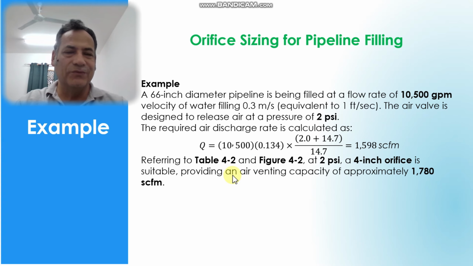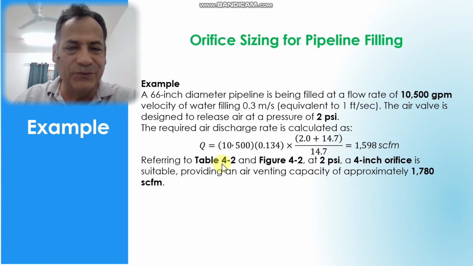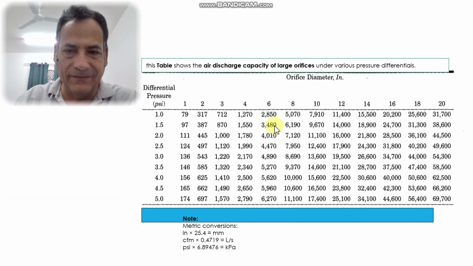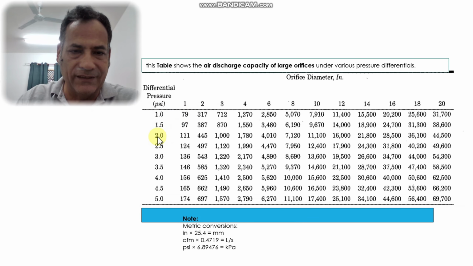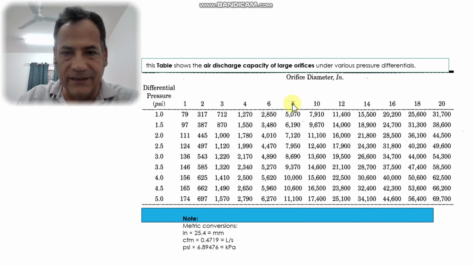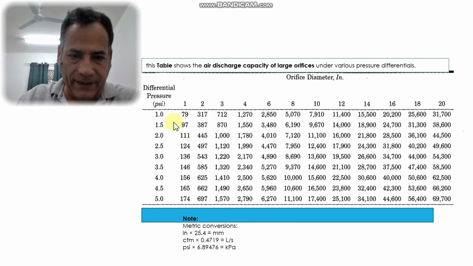Now we need to refer to this table. If you see, the pressure is 2, okay, this column is pressure, and this row is orifice diameter. This is in inches, and all these values are the capacity of the air flow rate.